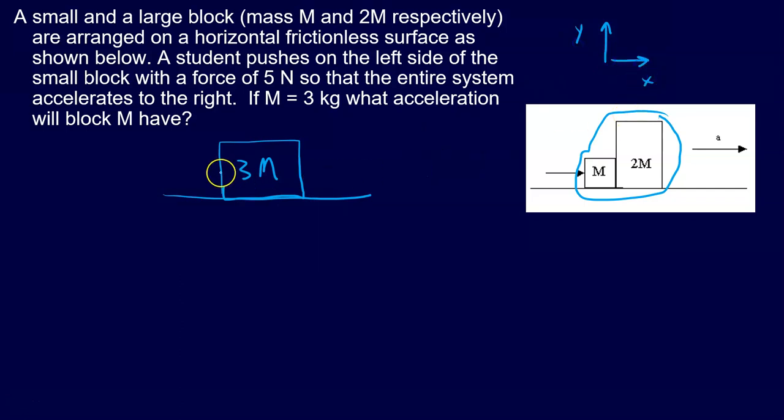Over here there's a force of 5 newtons from this side. We know there's our good old friend, the normal force, and the mg there. Again, the mg is that force on these blocks from the earth.